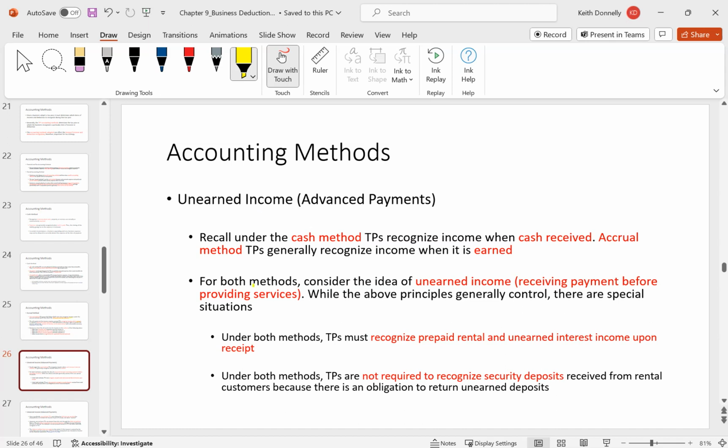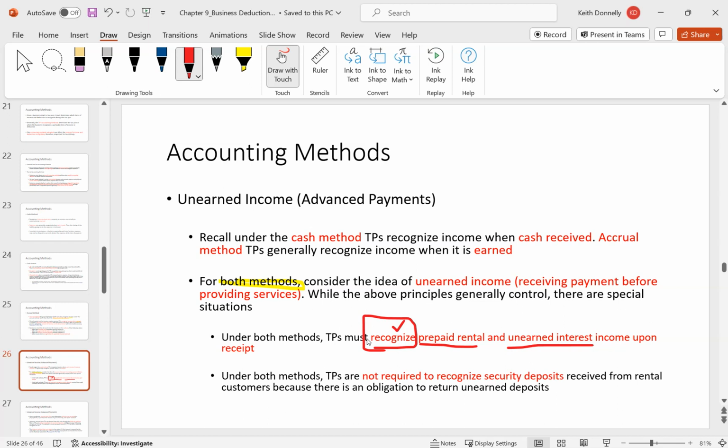For both methods, consider the idea of unearned income, that is to say, receiving payment before providing the services. Under both methods, prepaid rental income and unearned interest income are recognized, i.e., you have income upon receipt.